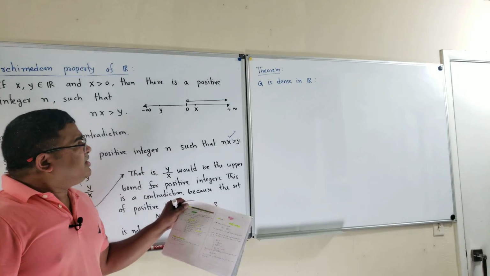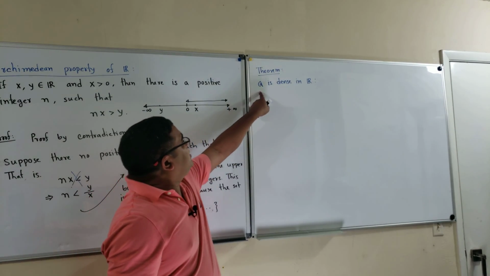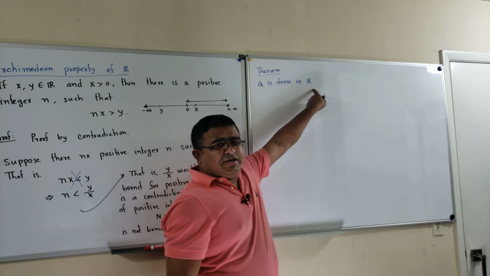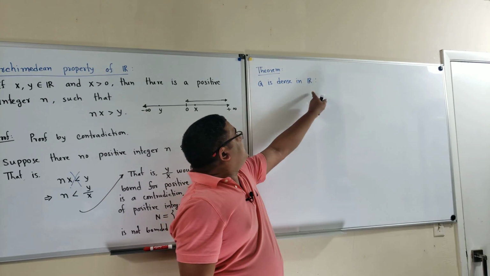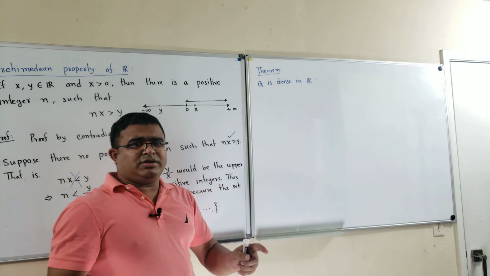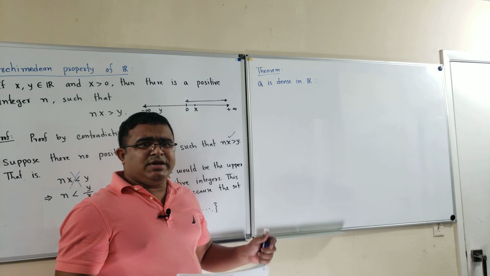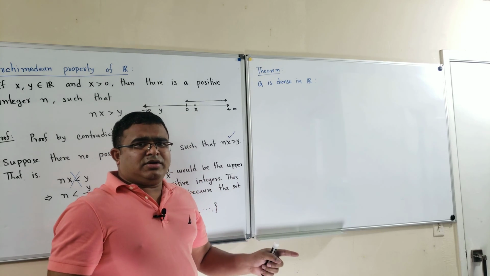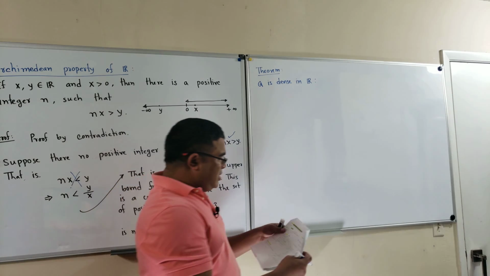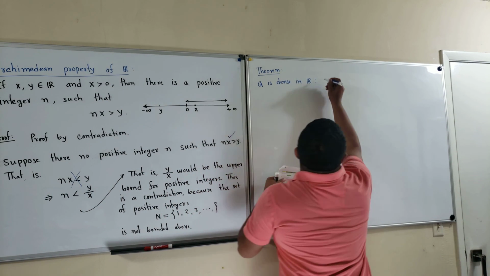What does this mean? It means that between any two real numbers, there is a rational number. It is always true.